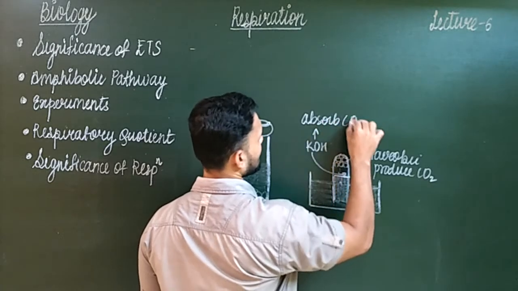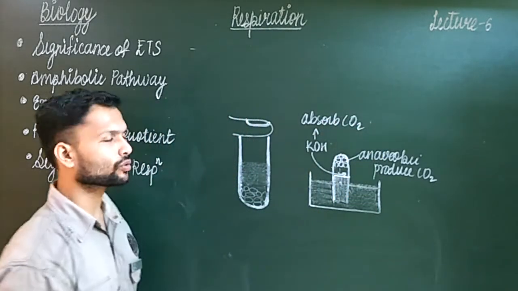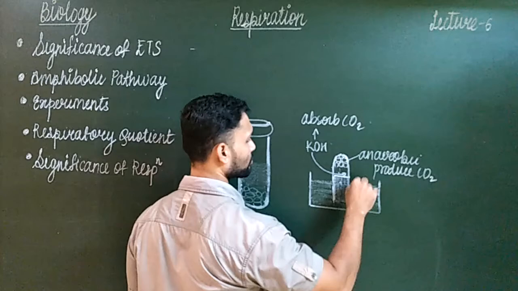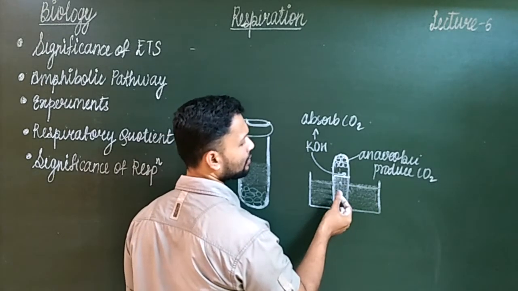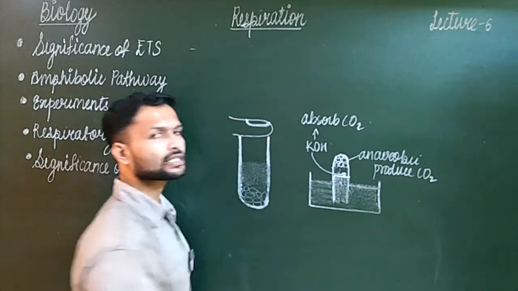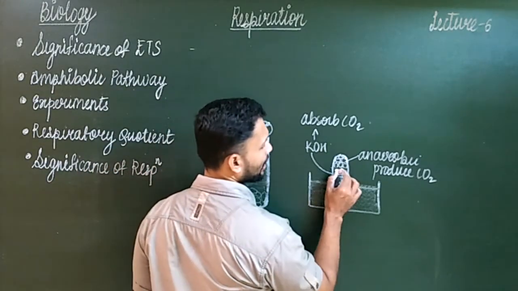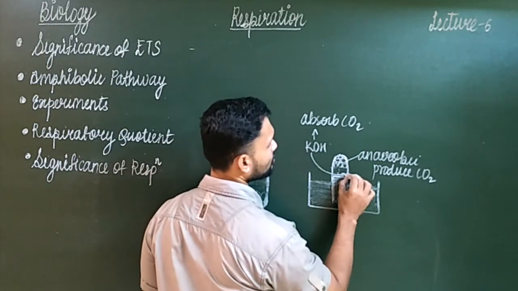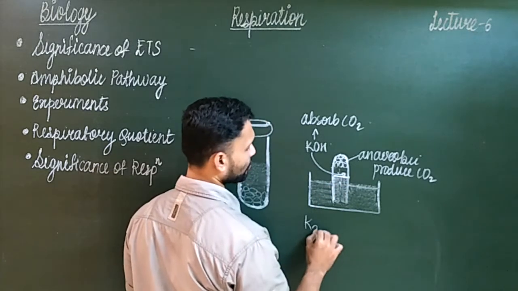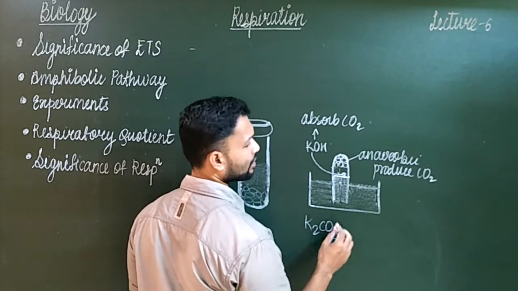This pellet is also light, so we'll put this pellet over here and leave it. It will rise and reach the top because of its lighter weight. The entire CO2 which was formed will be absorbed by this, and it will get converted into potassium carbonate.